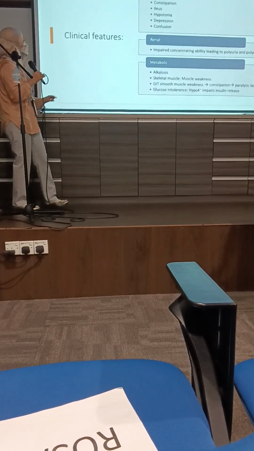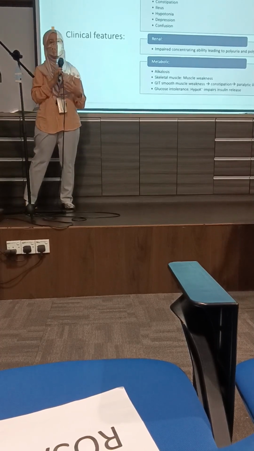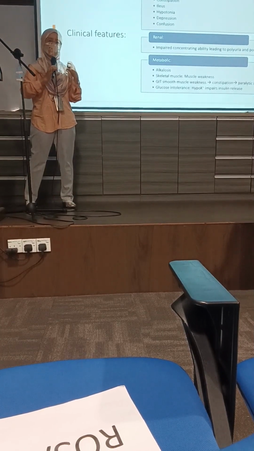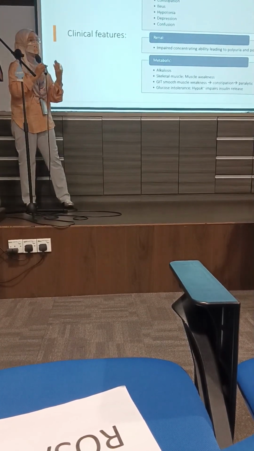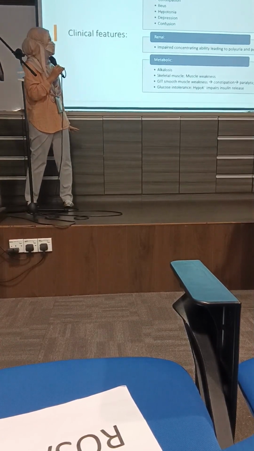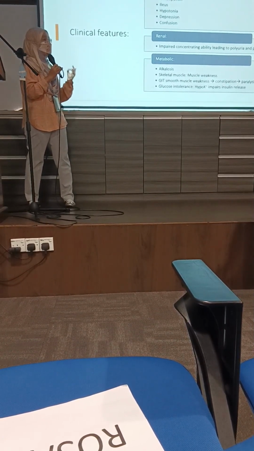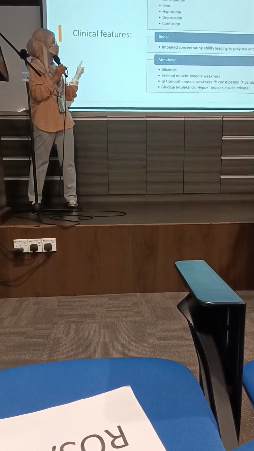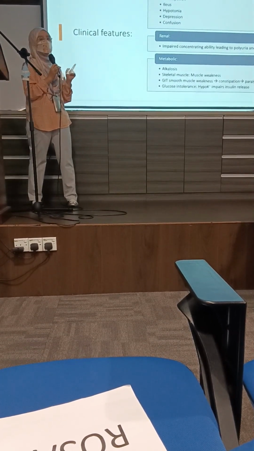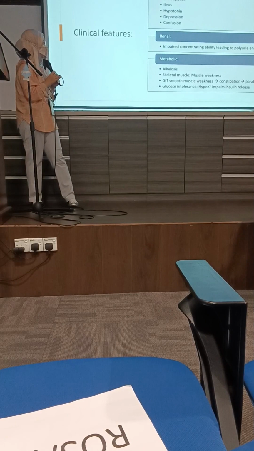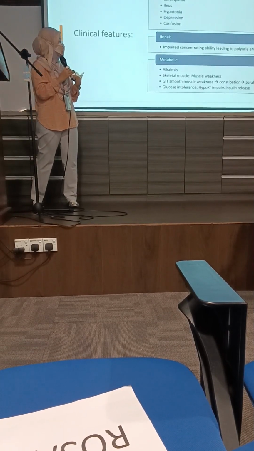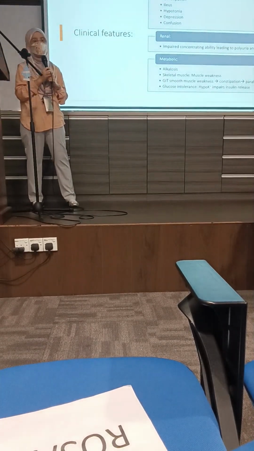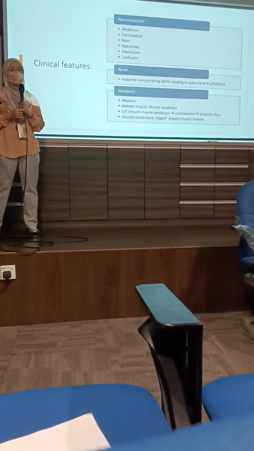Prolonged PR interval, and patient can also ada muscle weakness, constipation because GI muscle tu dah weak, hypotonia, tone pun jadi sloppy, confusion, and we know hypokalemia can cause polyuria, so there is impaired concentrating ability leading to polyuria. Okay. And you can get metabolic alkalosis, skeletal muscle weakness, and you dapat glucose intolerance because hypokalemia akan inhibit insulin release.